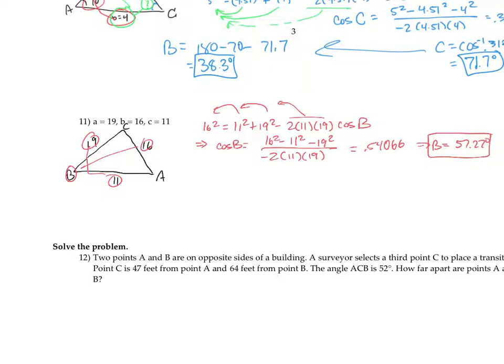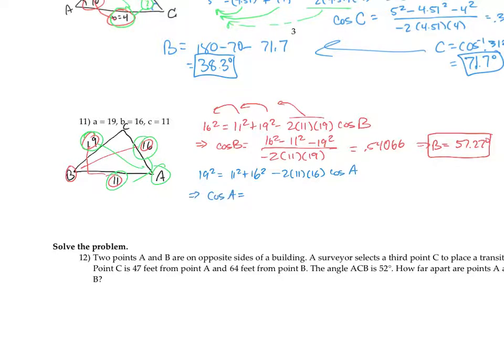And then I would repeat that with maybe a second anchor. Let's try this one with these three. So that would give me, I'll do this one in blue, sorry, 19 squared equals 11 squared plus 16 squared minus 2 times 11 times 16 times cosine of the angle between them.